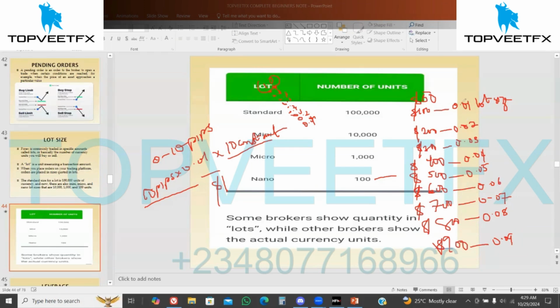Let's say you have less than $100, which is this $50. You can't use less than the smallest one, which is 0.01, meaning that you are already exposing your money to risk by using 0.01, because according to the rules of the game, for you to manage your risk perfectly well, you are not supposed to use more than 0.01 on a $100 account.